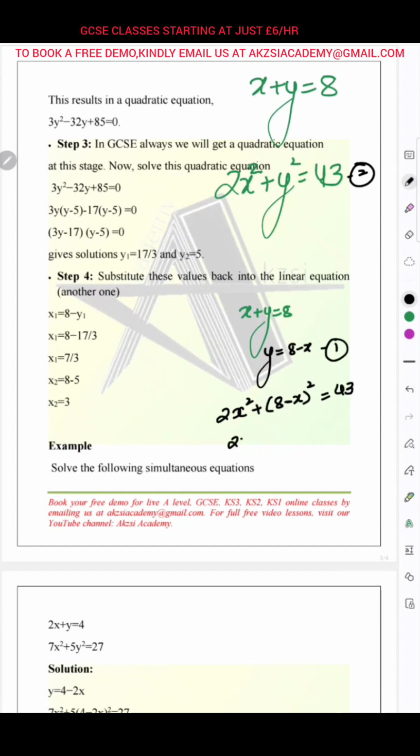Then this will be 2x squared plus 64 minus 16x plus x squared is equal to 43. The x squared terms give 3x squared minus 16x, and bringing 43 over gives plus 21 is equal to 0. We have to solve this quadratic equation, and we have to see the product should be 63 and the sum should be minus 16.